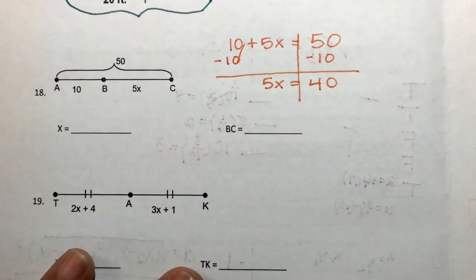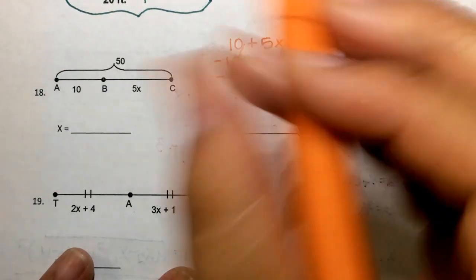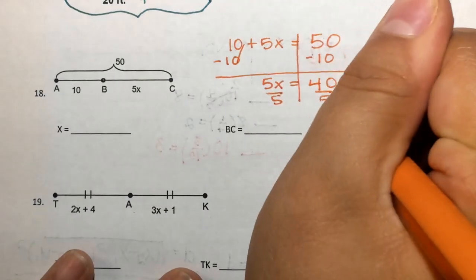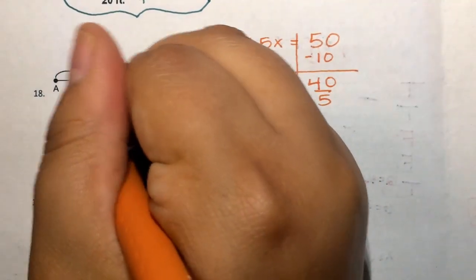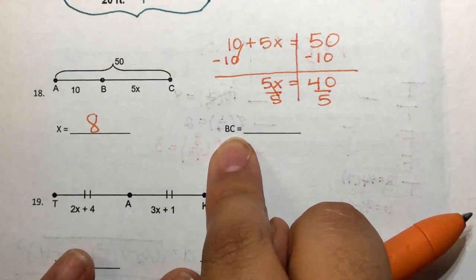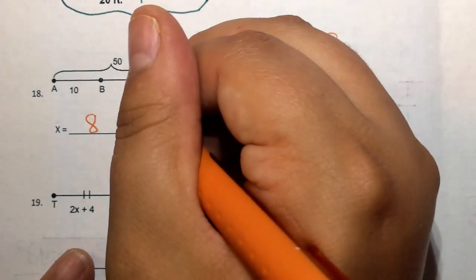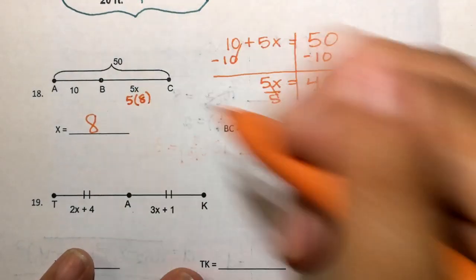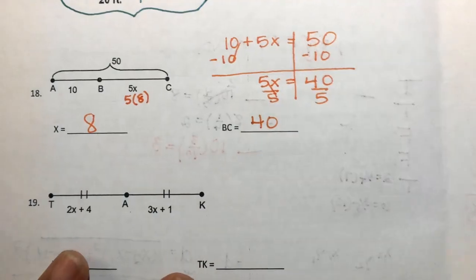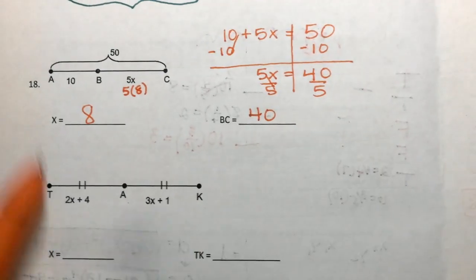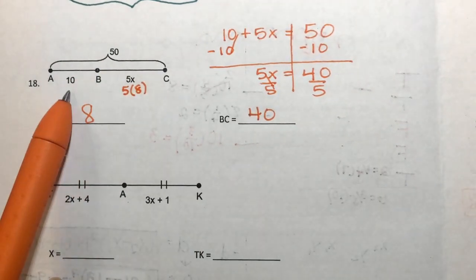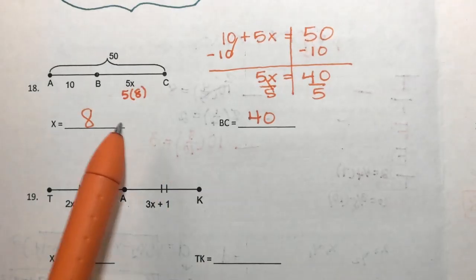And then? Divide by 5. What's 40 divided by 5? X is 8. So how do I find BC? What is 5 times 8? Somebody last class told me, Miss Olivares, if I know the whole thing's 50 and that's 10, don't I know that's 40? Yeah, sure.